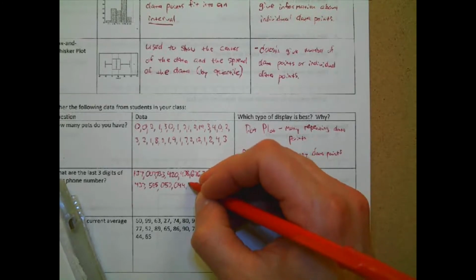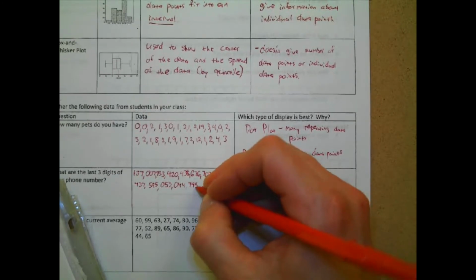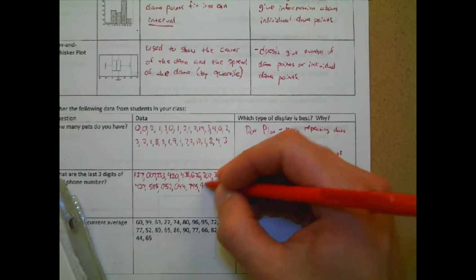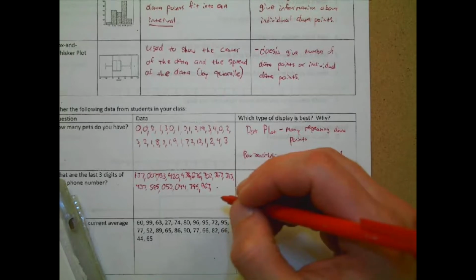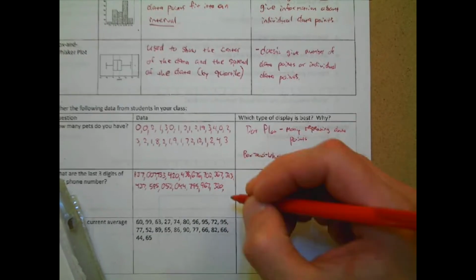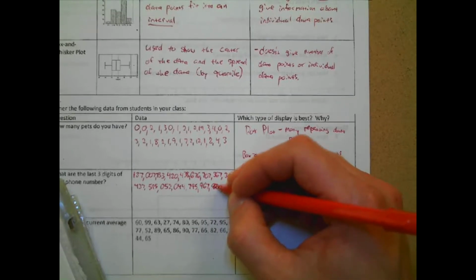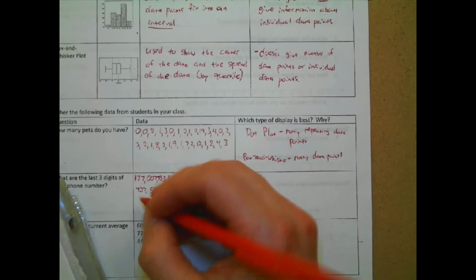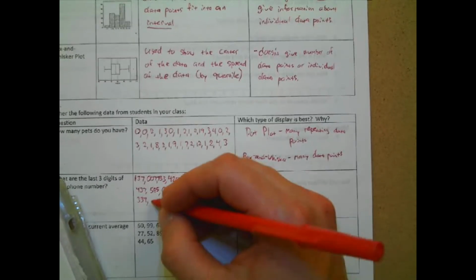Caitlin? 044. All right. Tyler? 795. Okay. Let's go to Alec. 967. Okay. Alyssa? 320. Oh, really? Okay.